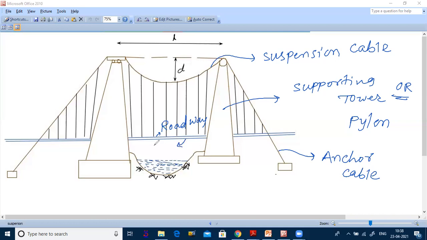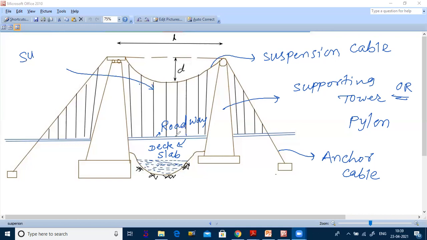This is called a deck slab. Load under the deck slab will be transmitted to the cable. Those vertical cables are called suspenders, or you may call them hangers.